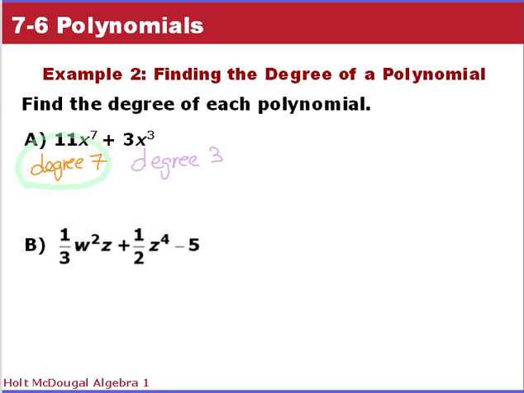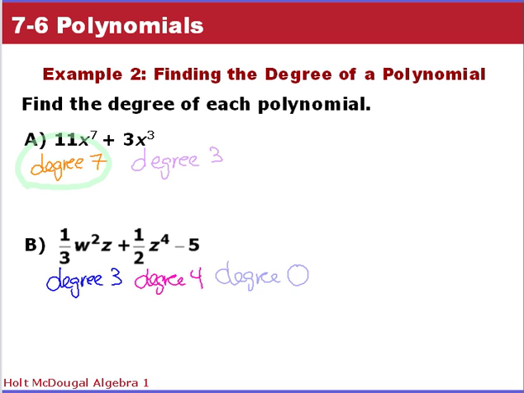Looking at our next example, we have 1/3 w squared z plus 1/2 z to the fourth minus 5. So this term here has a degree of 3. This term here has a degree of 4. And this term here is a degree of 0.